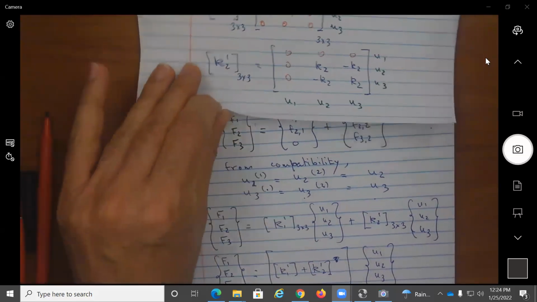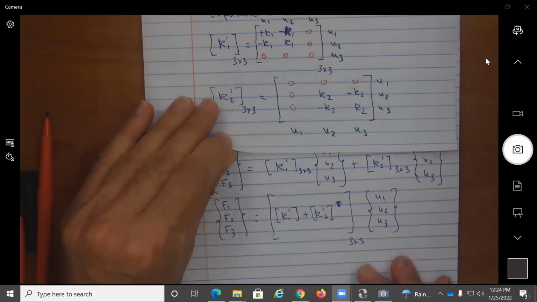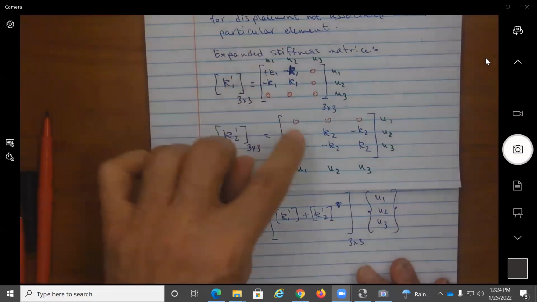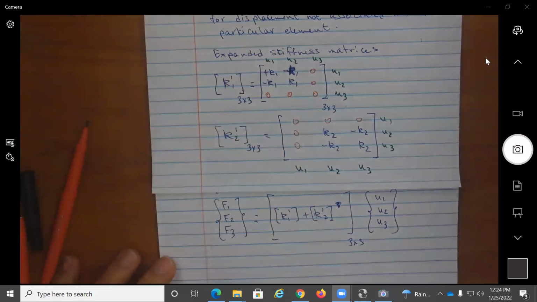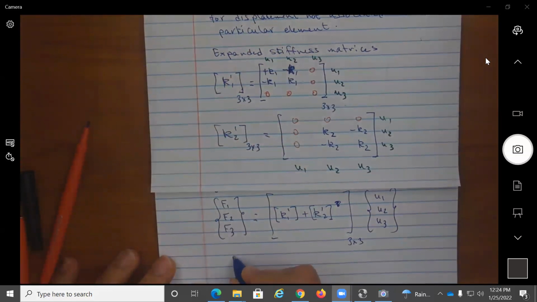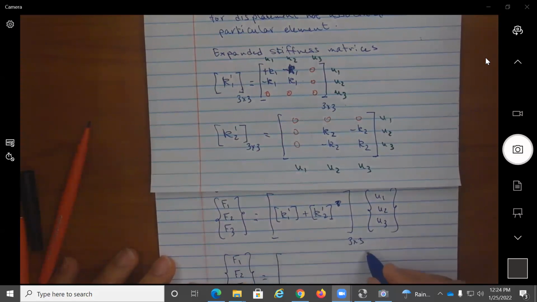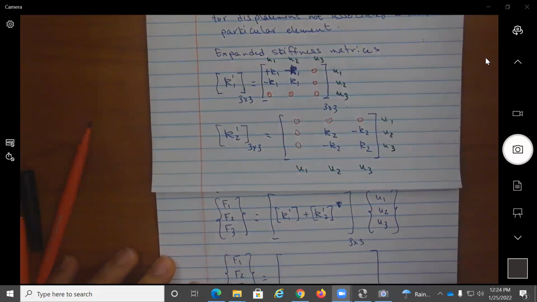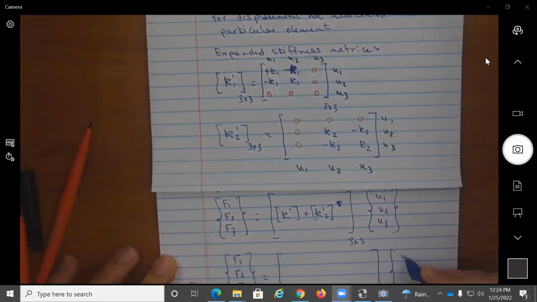I already have the expanded form, right? So if I take these two and add them together, I would get F1, F2, and F3 equal to U1, U2, and U3.